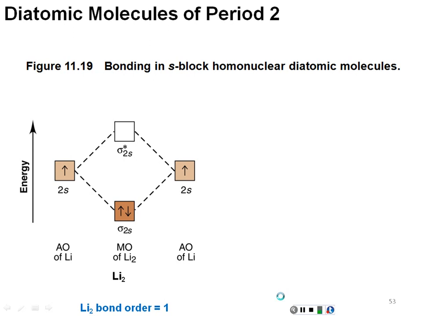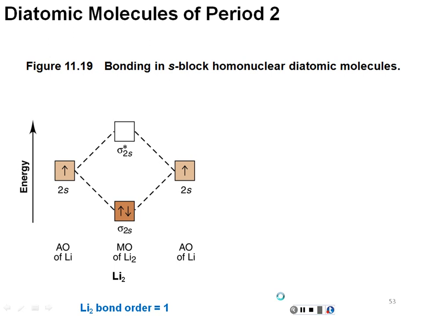You're going to have the sigma 1s and the sigma star 1s, and they're both going to be filled. So now it's really more important to look at the second principal quantum number. Just consider the valence electrons.